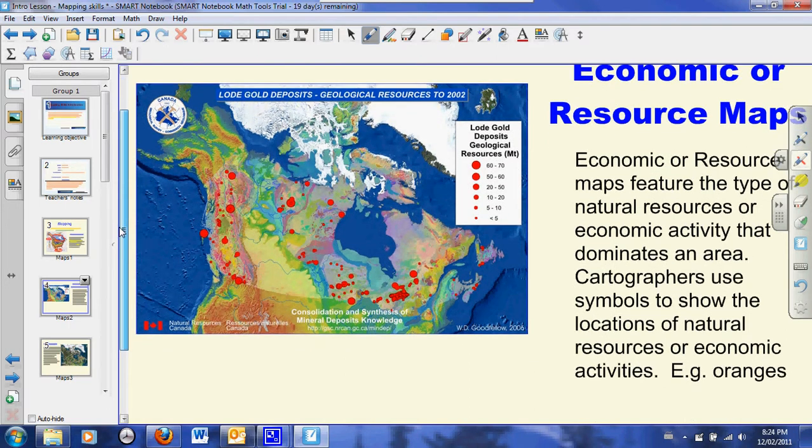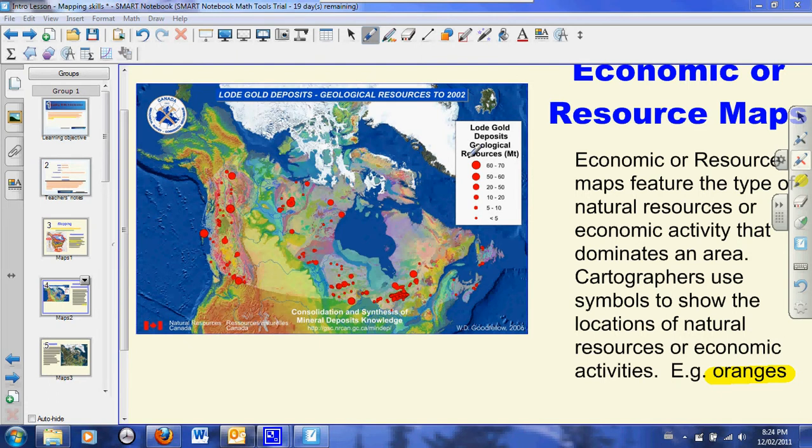Economic or resource maps basically show certain resources, for instance forestry or agriculture of various sorts. Now I highlight oranges here, but it could be anything: pears, wine grapes, wheat, grain. This map is actually showing us gold deposits.